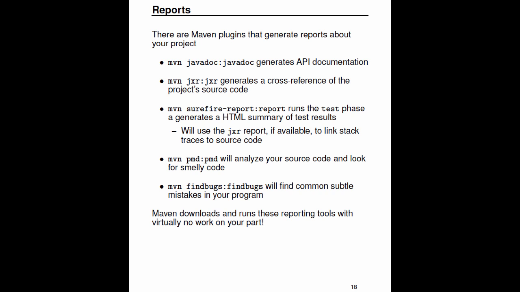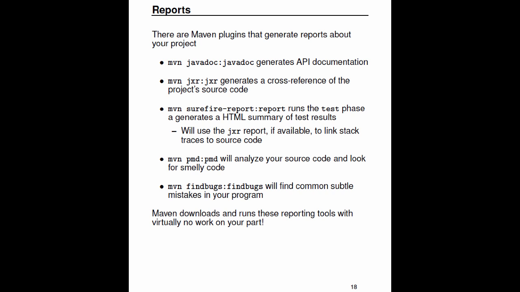Okay, so now that you've built your source code and you've run your unit tests and you've got your artifact, everything is hunky-dory, but there's more stuff that Maven can provide you. There are lots of tools for analyzing Java source code and generating reports for projects, and the better ones have Maven plugins for them.